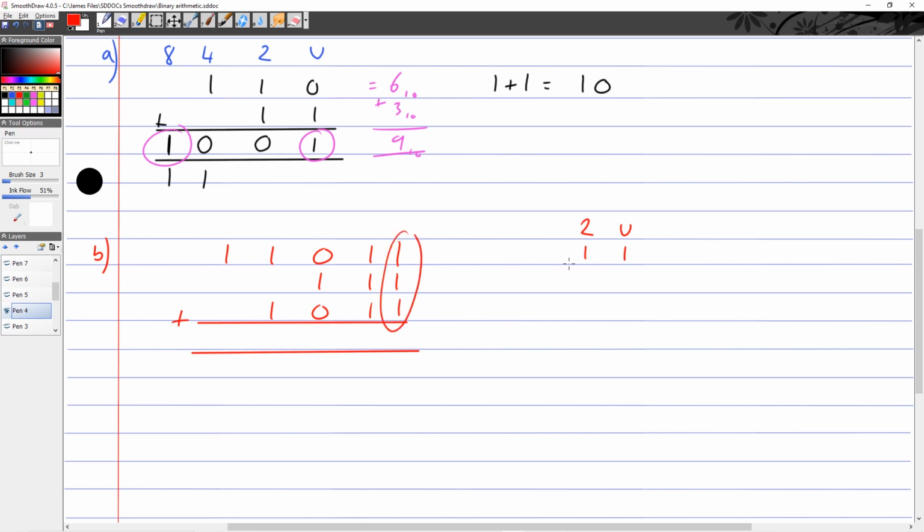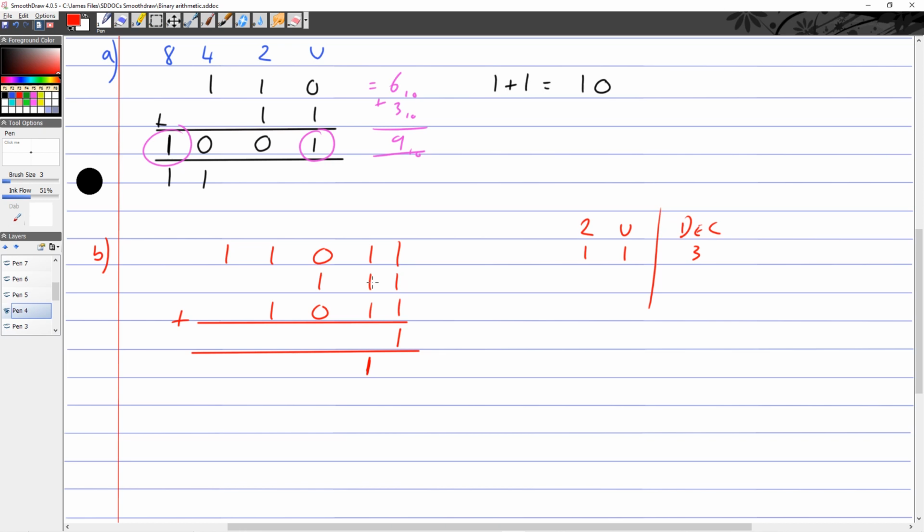So this 3 here adds to make what looks like this, which is 3, a 2 and a unit. So put the unit there and we carry the 1 into the next column. Just make a note of those, 3 for your reference.